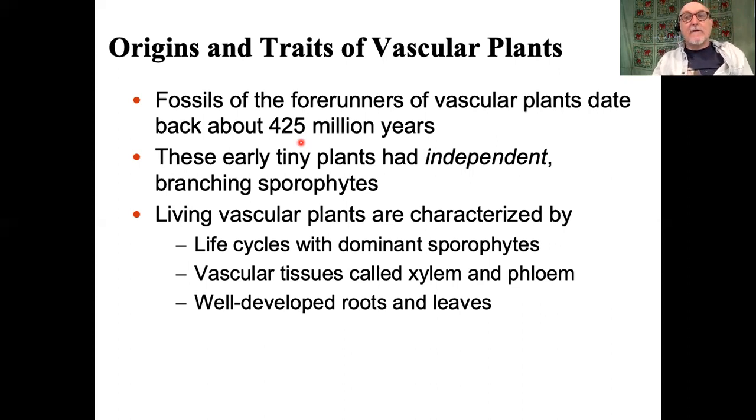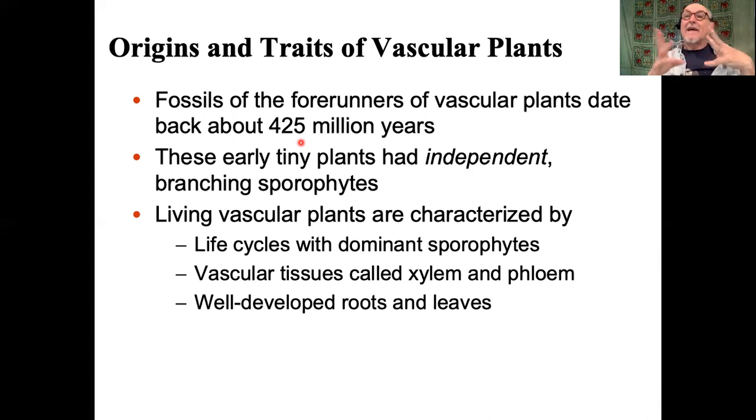The third thing that characterizes the vascular plants is they have true roots. That is, the roots are an extension of the plant with their own vasculature, which can absorb water and nutrients and then literally pump it to the rest of the plant.